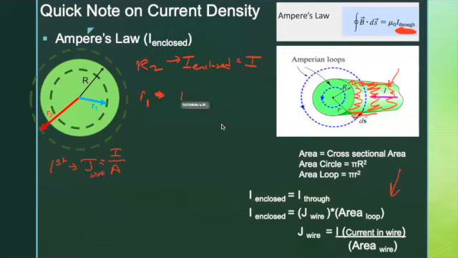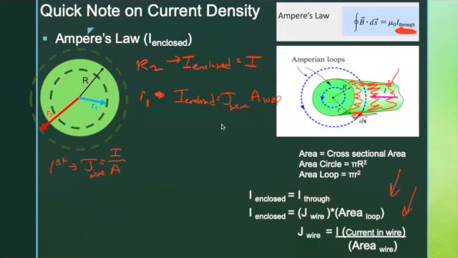So we know I enclosed, let me back up one second, is going to be the current density of the wire times the area of our Amperian loop. I like to write wire and loop because when you get down to these formulas, it's just easier to not get them confused. So first we need to find the current density of the wire.